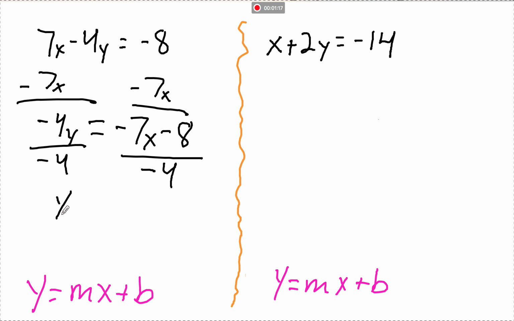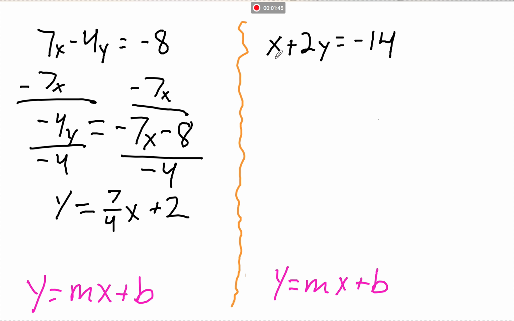It's going to be y equals 7 over 4x, because a negative divided by a negative is a positive. It's better to keep it in a fraction because it's a lot easier to graph from a fraction than from a decimal. And then negative 8 divided by negative 4 is going to be positive 2.